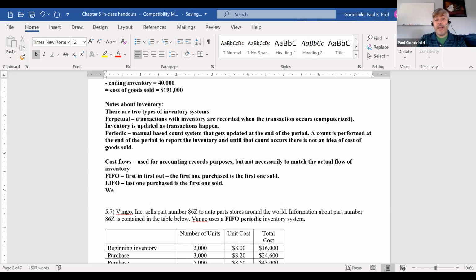And then you have weighted average. And this takes all the batches and blends them together and gets one weighted average cost.